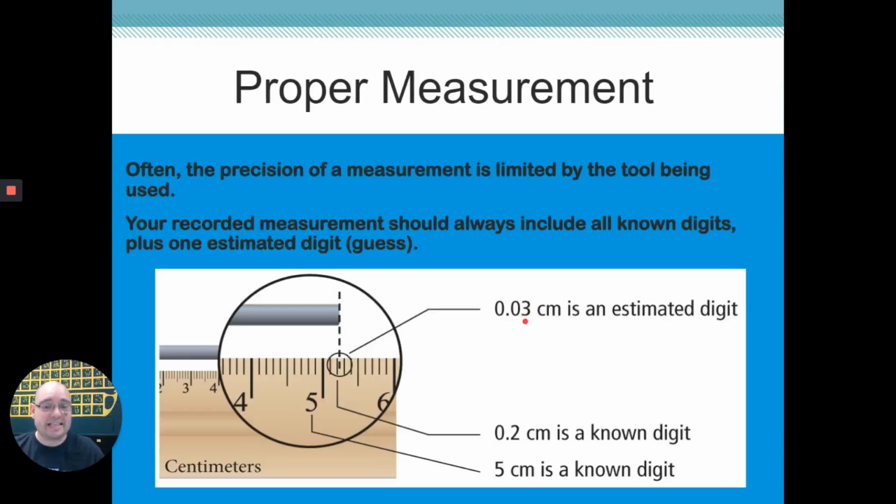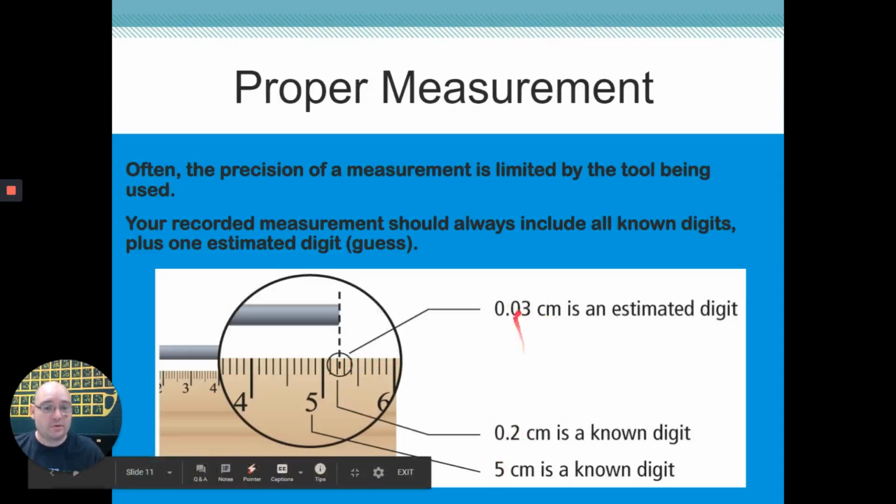We don't know what the exact accurate measurement actually is. This is a guess. We don't know that 3 is correct. That 3 is a guess. But again, it could be 5.21, 5.22, 5.23. All of those would be correct, but it is 5.2. These are known. So if you put 5.3, then you'd be wrong.